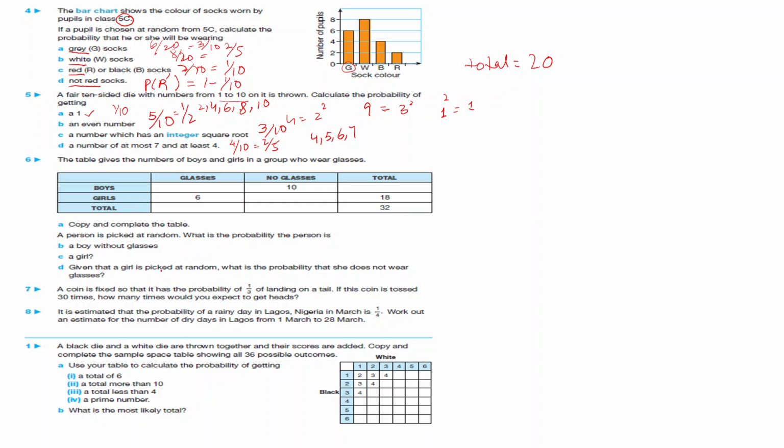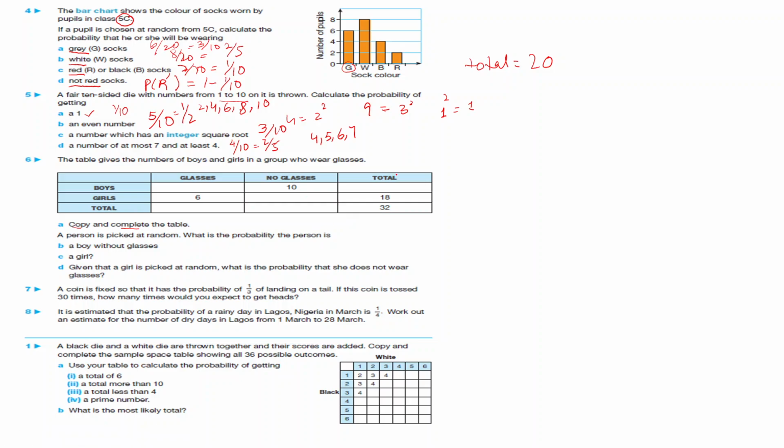Okay, so we go to the next question, and question number 6 says the table gives the numbers of boys and girls in a group who wear glasses. The numbers are here, so you have to first copy and complete the table. You have to look at how you can complete the table.